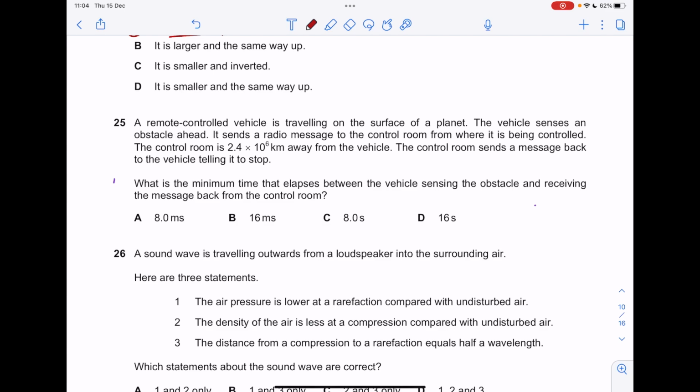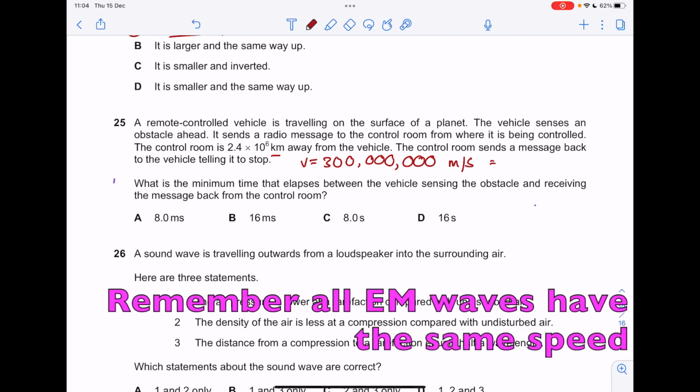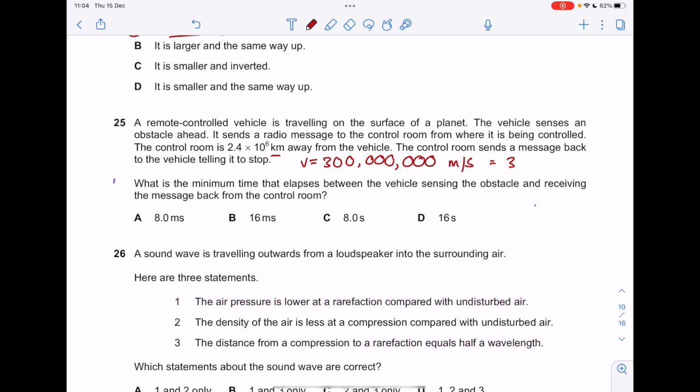So the first thing we need to do is know that the speed of light is 300 million metres per second, which is the same as, let's get our units all the same, 3 times 10 to the 5 kilometres per second.